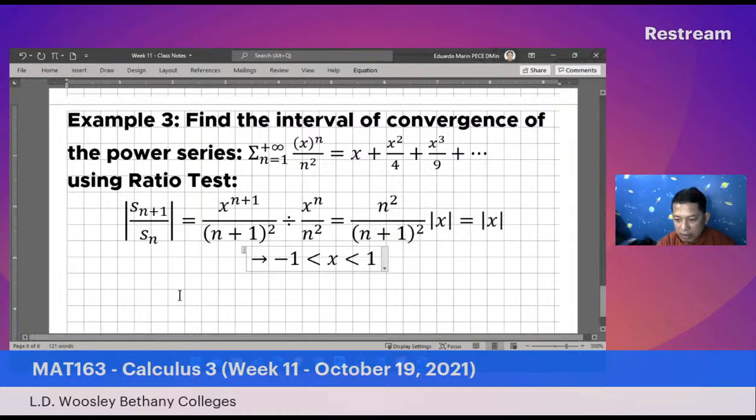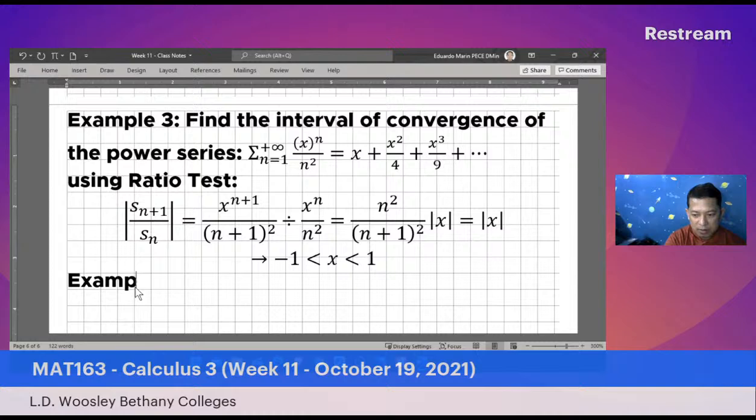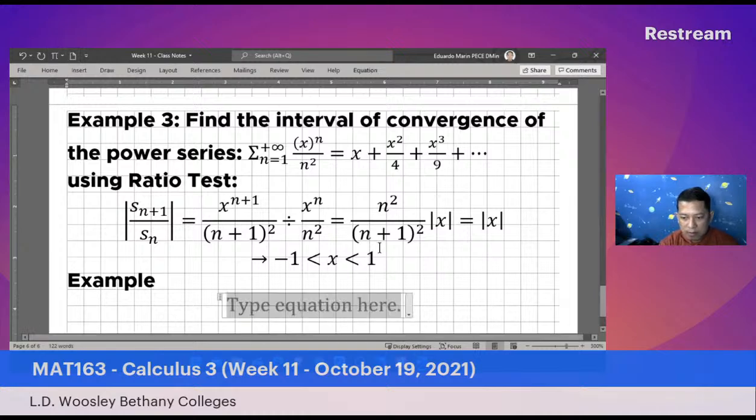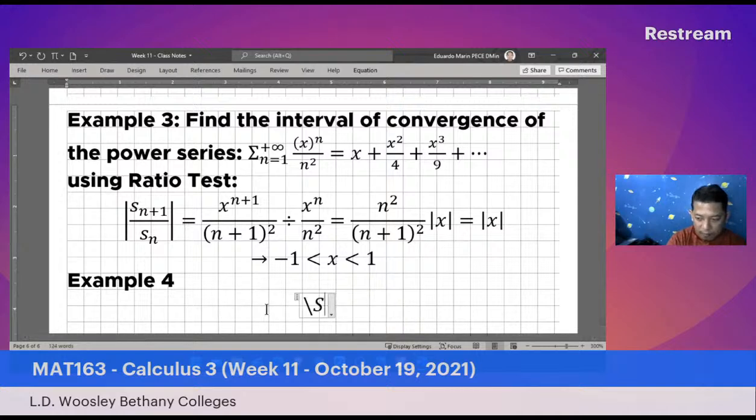Okay, another ratio test. Example 4. Again, solve for the interval of convergence for this case. So we have sigma na lang, no? Understood na yung value nito.